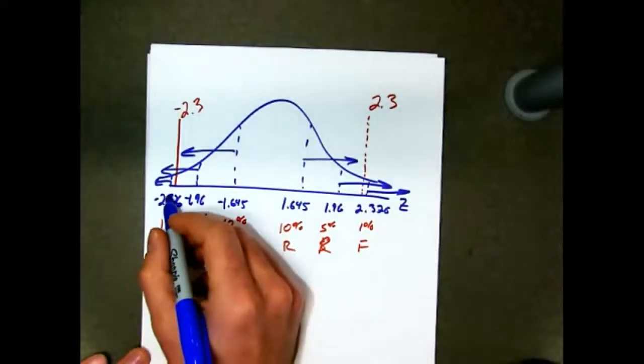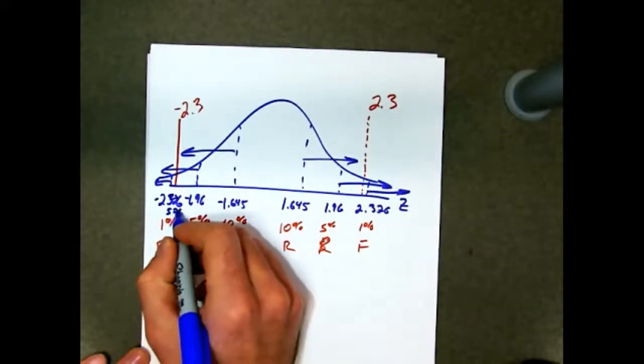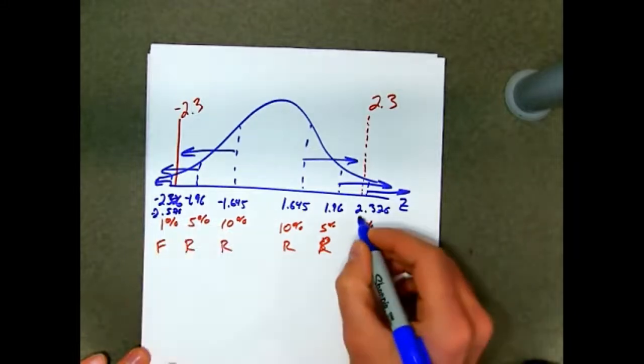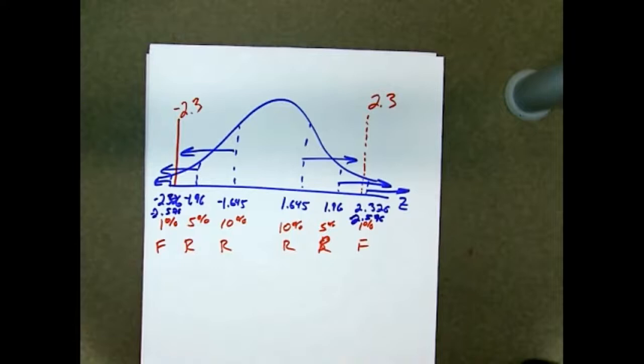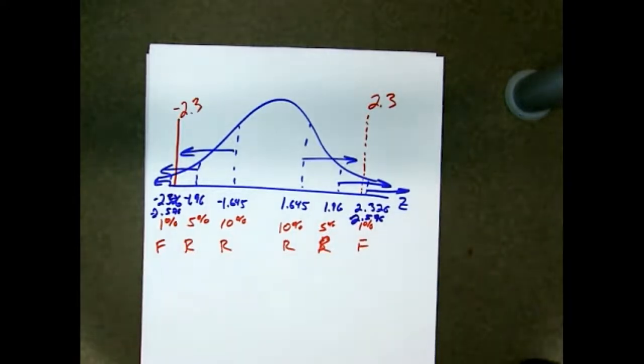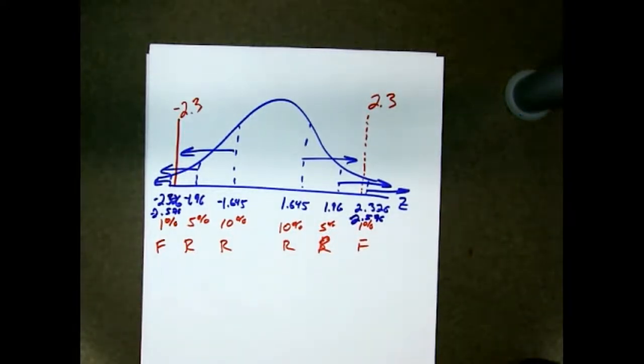So it's still the same thing, right? It's just that we're not nearly as close to being able to reject. We would still fail to reject because we're still not in the rejection region. How do you know you're out of the rejection region?